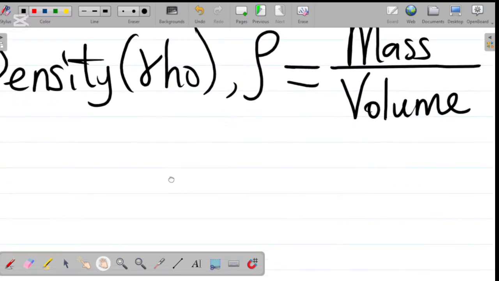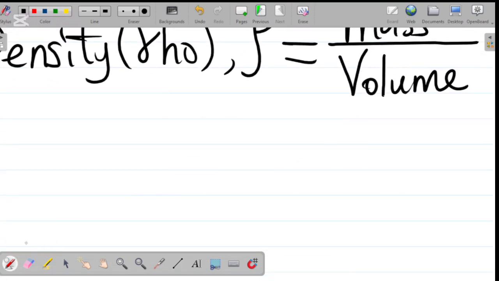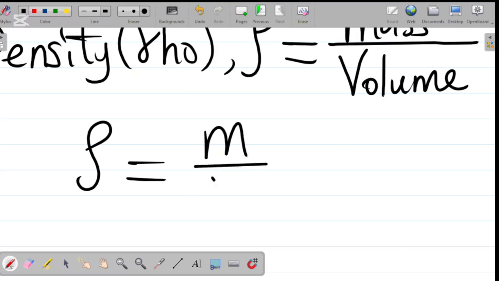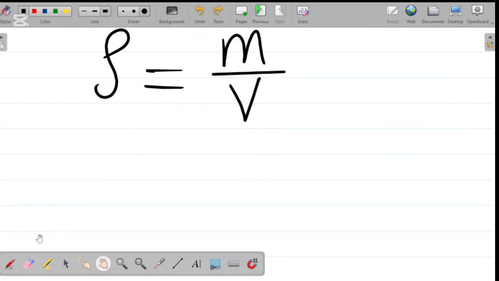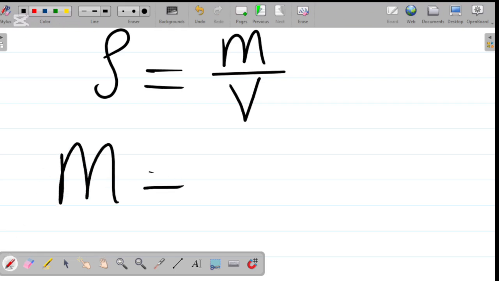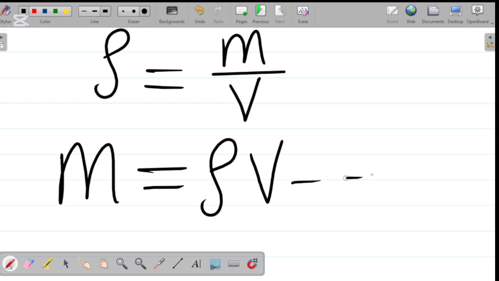This is the equation of density. So rho is equal to M all over V. So now let's make mass the subject formula. If you make mass the subject formula, mass will be equal to rho multiplied by volume. All right, so let's call this equation 5.